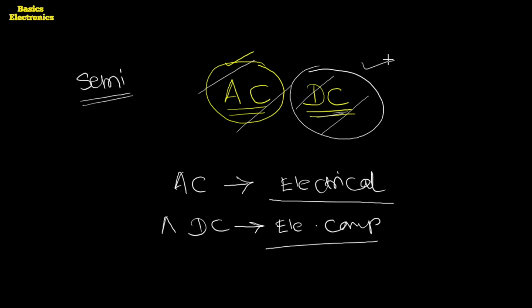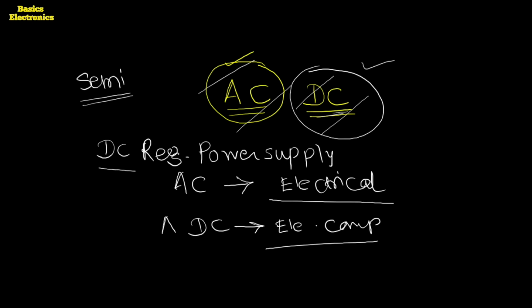But even if we plug the laptop or any other electronic equipment to the AC, inside it there is one important circuit, that we call the DC regulated power supply. It is a DC supply, but regulated.